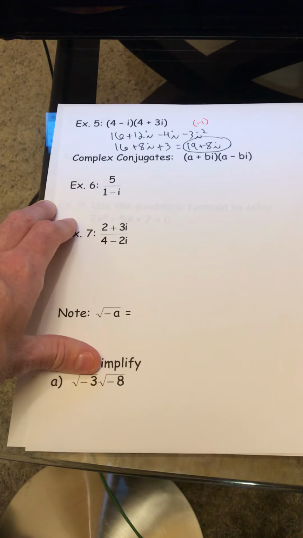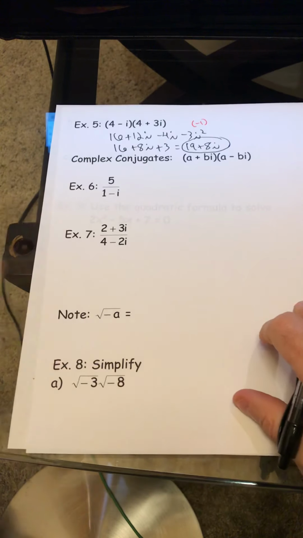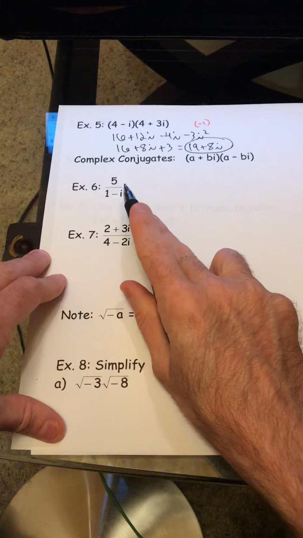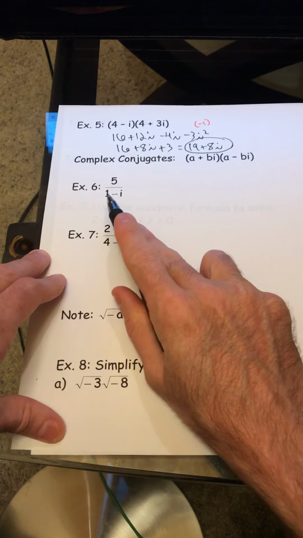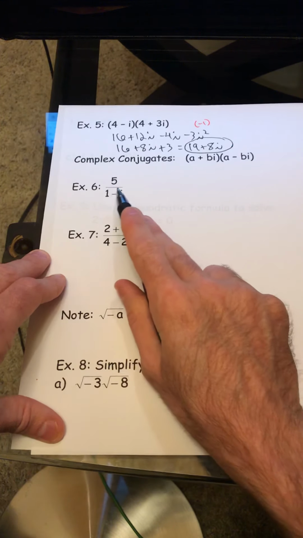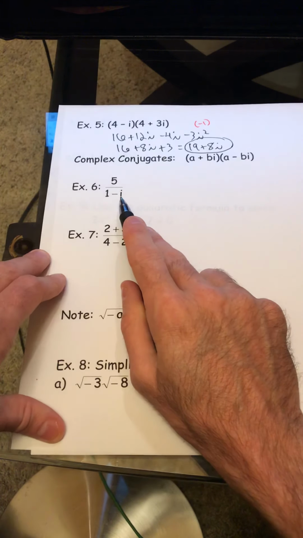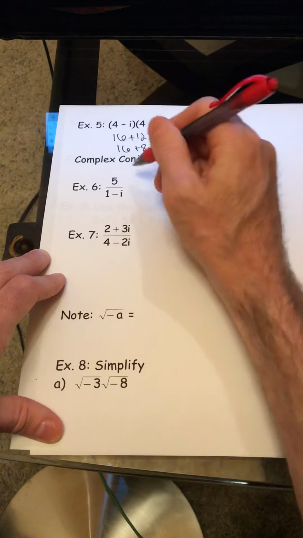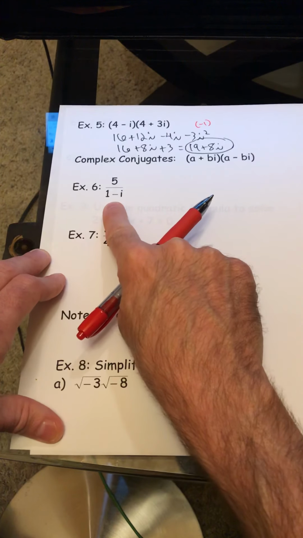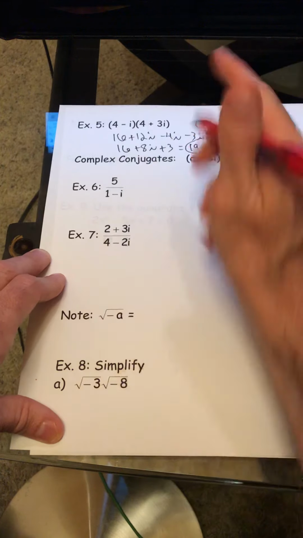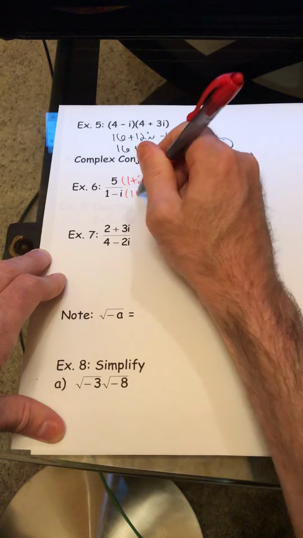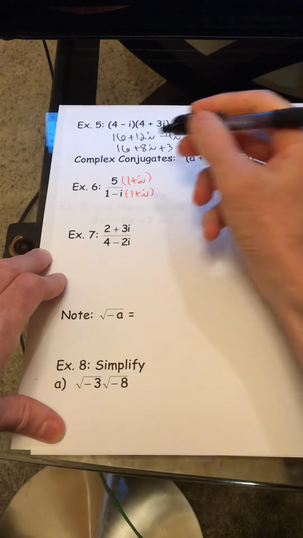All right, conjugates. We've talked a little bit about conjugates with radicals. If you are going to divide, the problem with division is that you technically have a radical in your denominator here. To get rid of that, we are going to use the complex conjugate of the denominator, and we multiply top and bottom by 1 plus i.